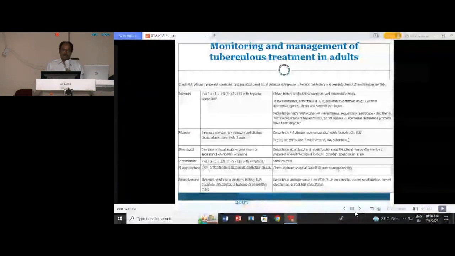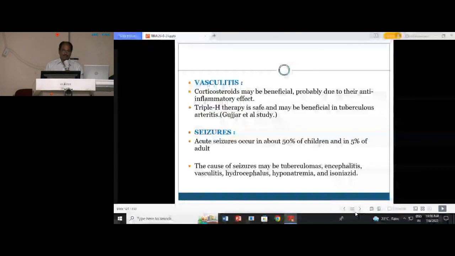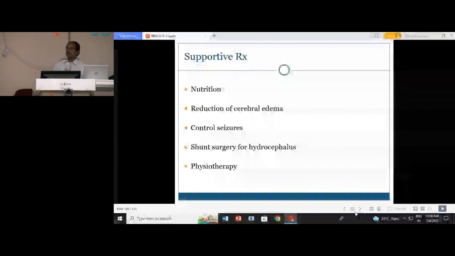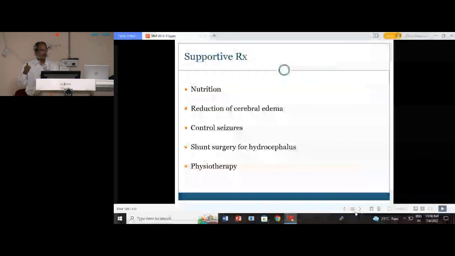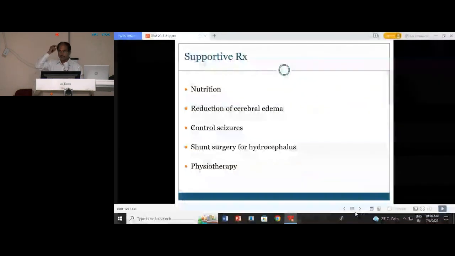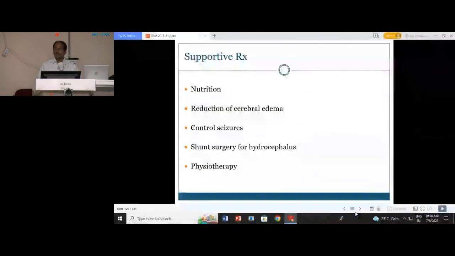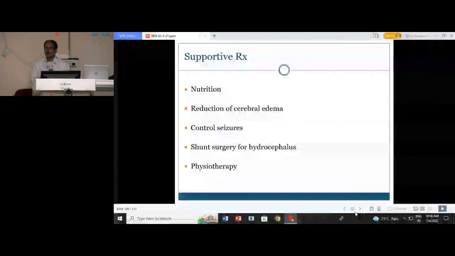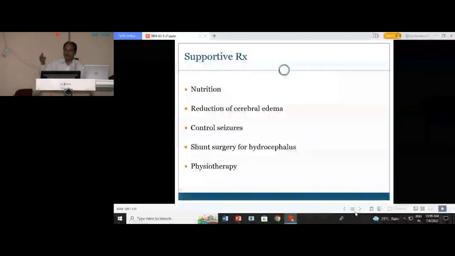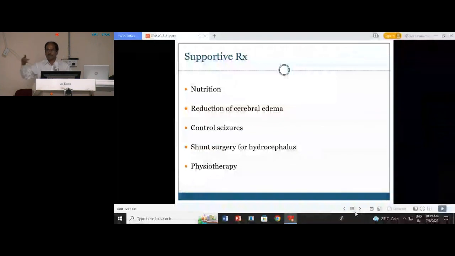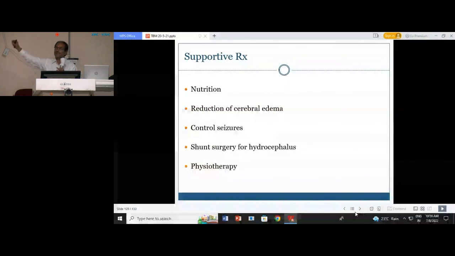In case they have reactions, vasculitis, seizures, give supportive treatment. Specific treatment is ATT and steroids. Always give supportive treatment: good nutrition, reduction of cerebral edema, control of seizures. For seizures, the better drug is levetiracetam. Shunt surgery for hydrocephalus: when you see a TBM patient worsening on treatment, and CT scan shows hydrocephalus, immediately refer to a neurosurgeon for shunt surgery.